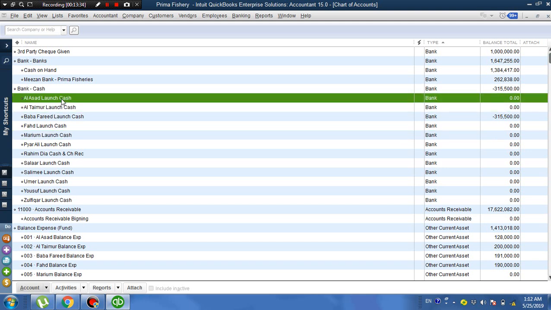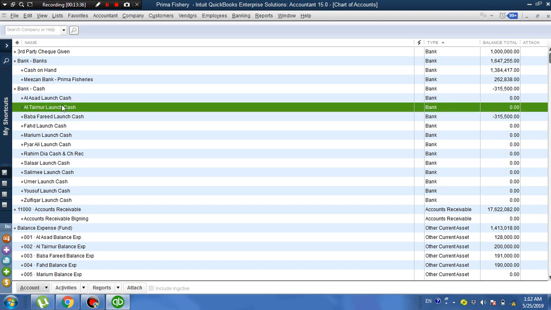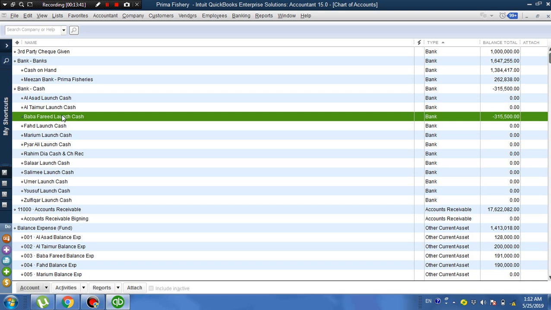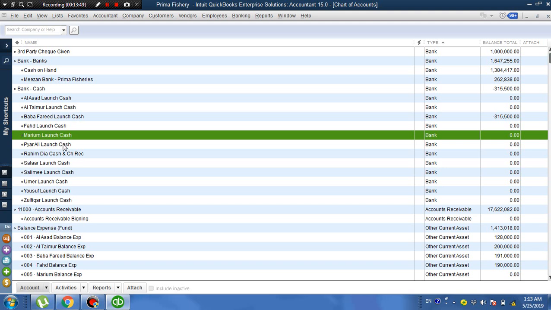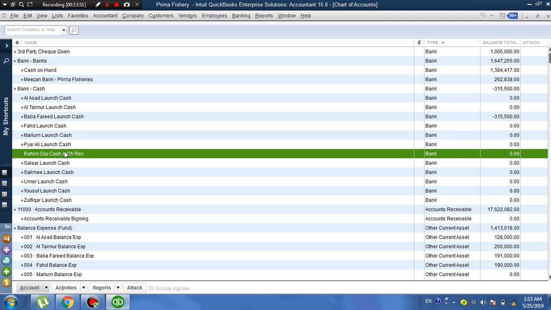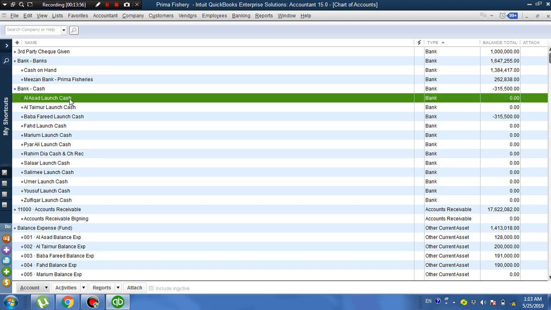The diesel fuel is on credit, ice is on credit, and the food for the crew is on credit. And all these people arrive when the boat arrives. So the creditors arrive, and they wait until the catch is sold. So we need to give them money on the spot. So, for example, Al Asad cash we have maintained in this ledger.